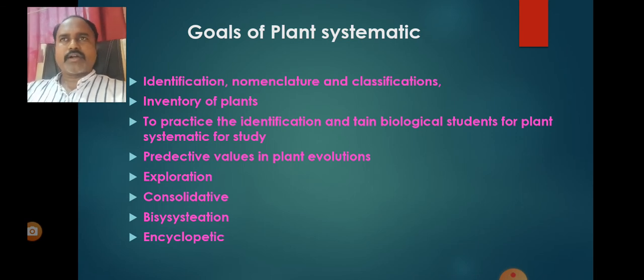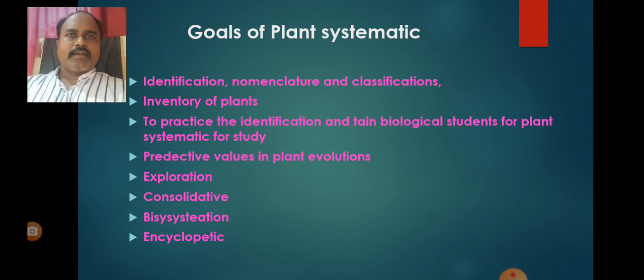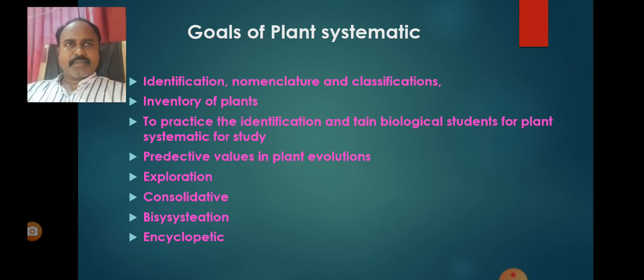If it is not correctly matching with an existing species, we have to give the name, that is nomenclature, and finally place it into a particular genus, that is classifying it: that species should be placed in which genus.